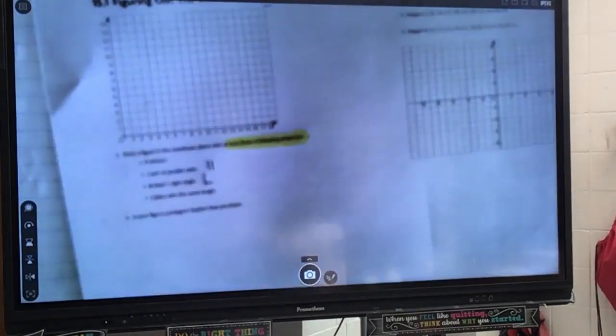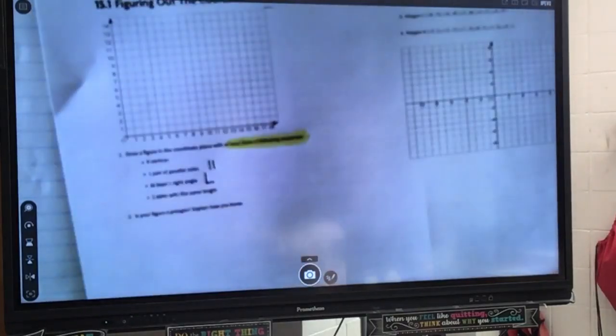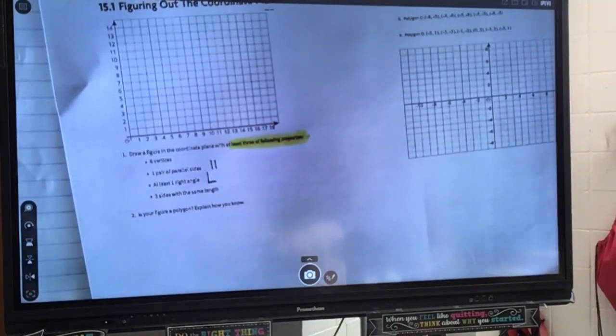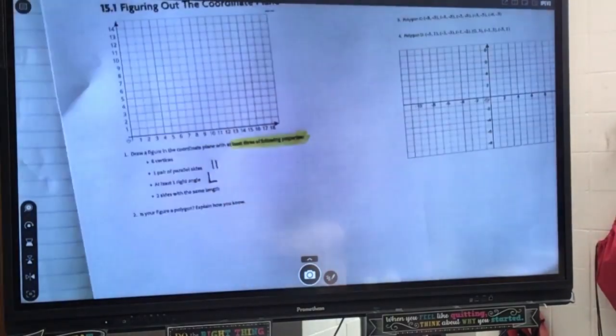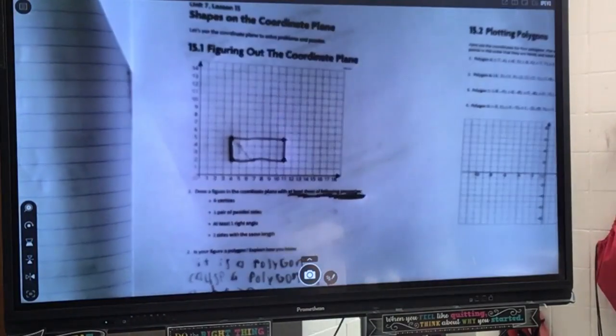Isaac, over there for yours. Mine is a rectangle. Okay, so what were the criteria that you did?